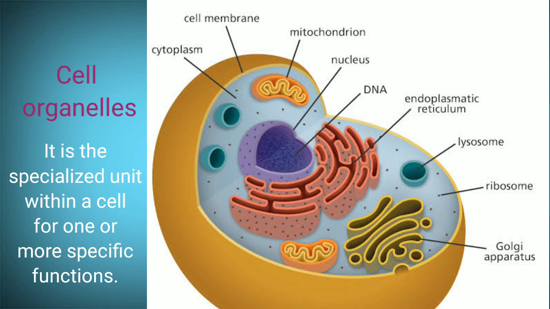So all these are the cell organelles which are present in the cytoplasm part of the cell. From now on, we are going to discuss the cell organelles present in the cytoplasm of a cell, and in my next video, I'm going to start with the endoplasmic reticulum.